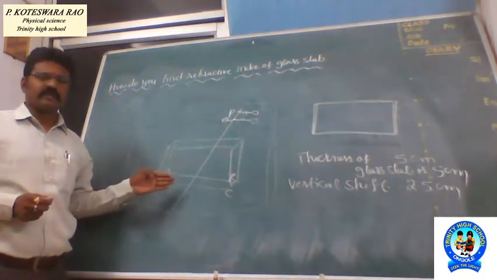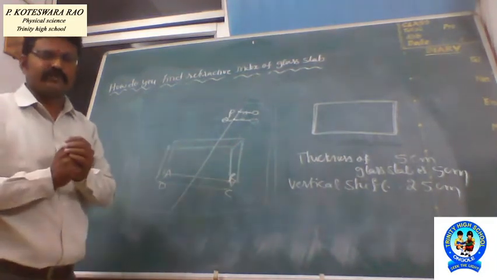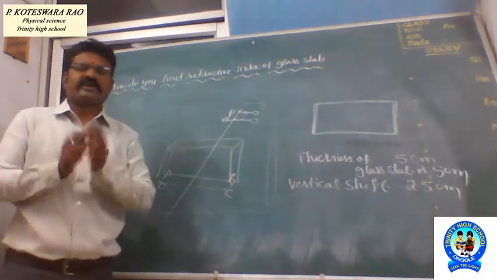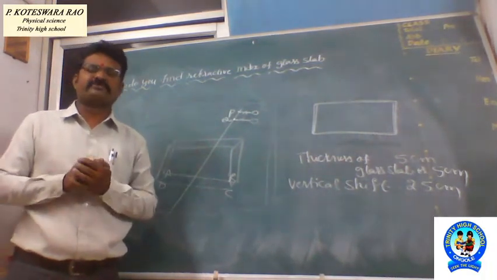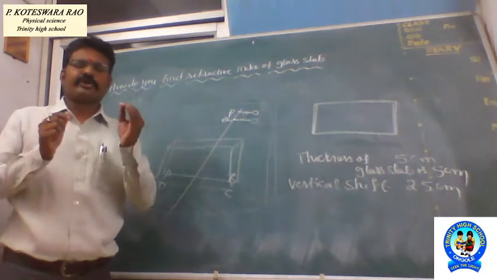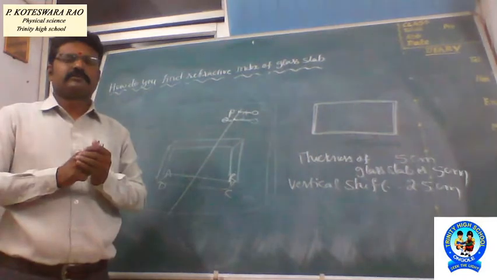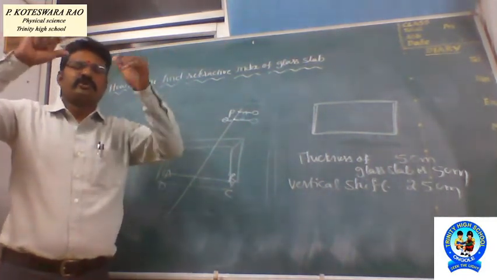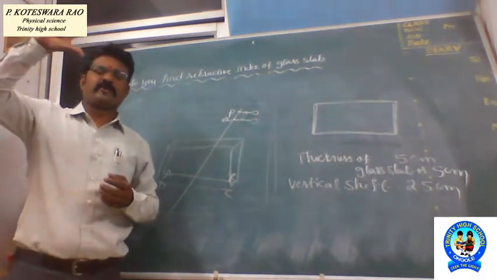So here we first find the thickness of the glass slab. How is it possible to find the thickness of the glass slab? We can find it with the help of a screw gauge. What is the other name of the screw gauge? Micrometer. It consists of a U-shaped arrangement, and also S1, S2, two shafts, and it provides one scale.